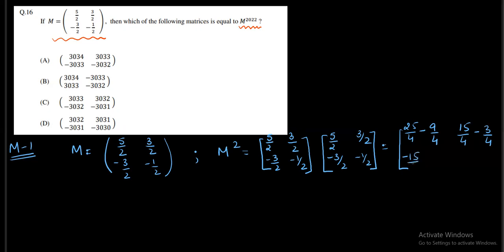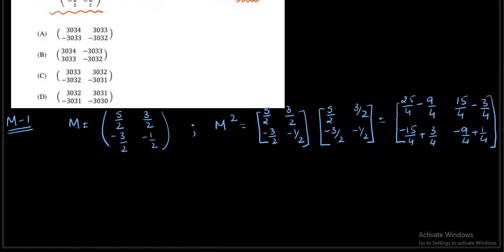Then here we get minus 15/4 plus 3/4, and then minus 9/4 plus 1/4. So I have done this calculation part for you. Now finally the matrix M square looks like 4, 3, minus 3, and minus 2. This is the M square matrix.